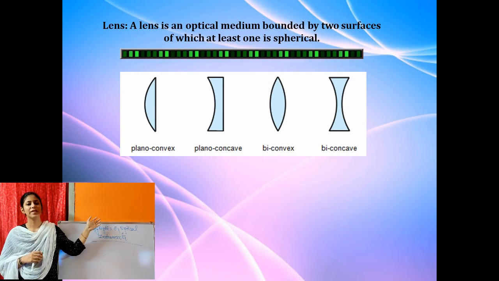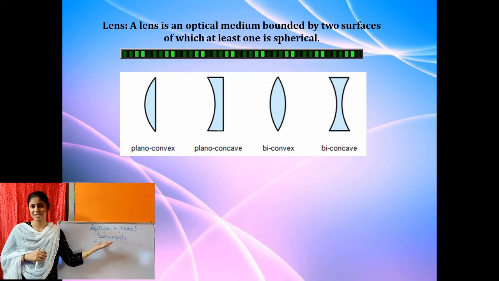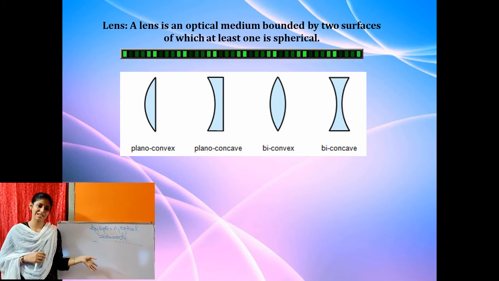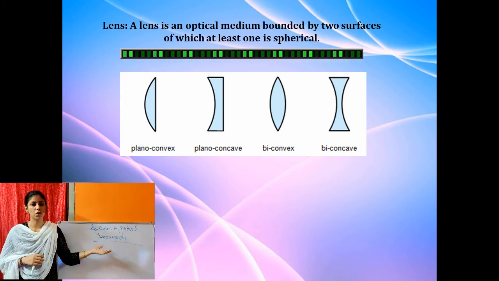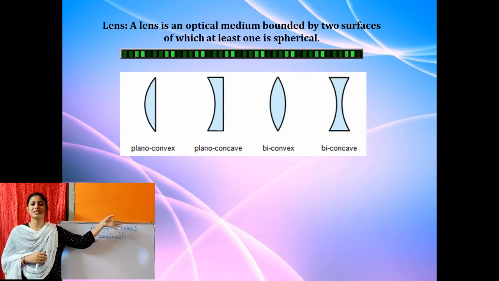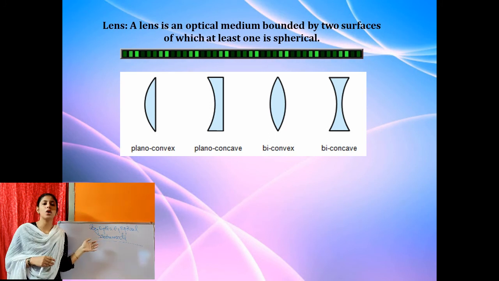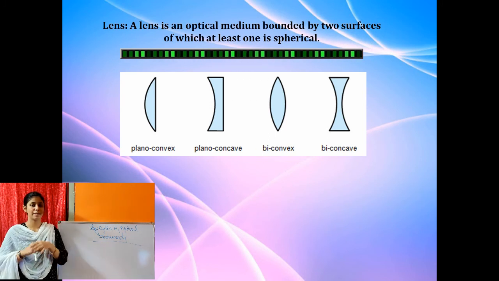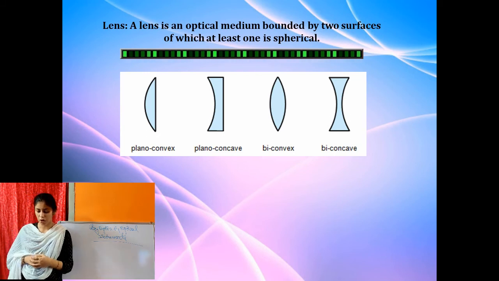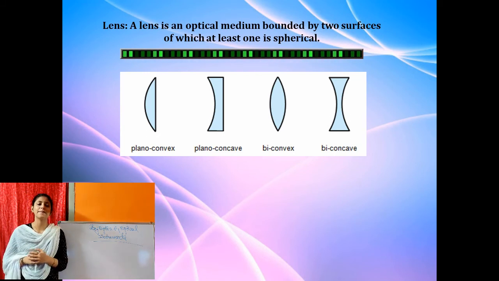The first figure represents a plano-convex lens, which means only one side is spherical. Then plano-concave lens, biconvex lens and biconcave lens. So the biconvex lens is also called a converging lens. The biconcave lens is also called a diverging lens.